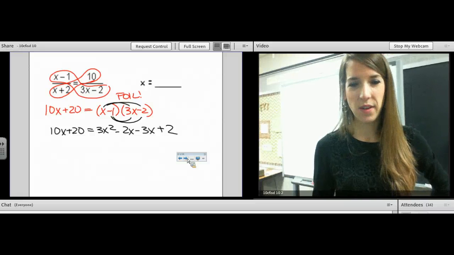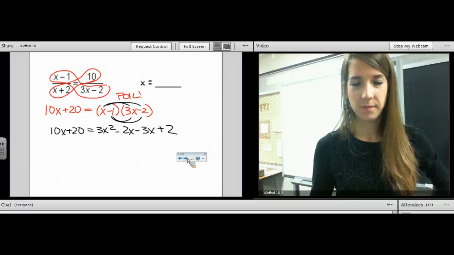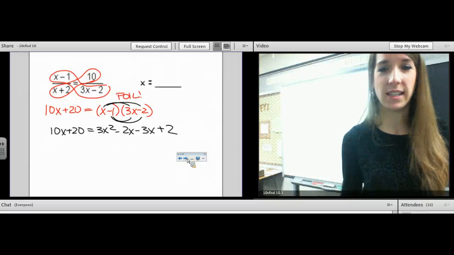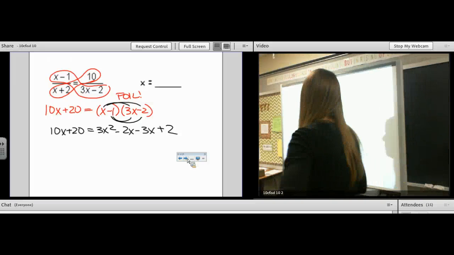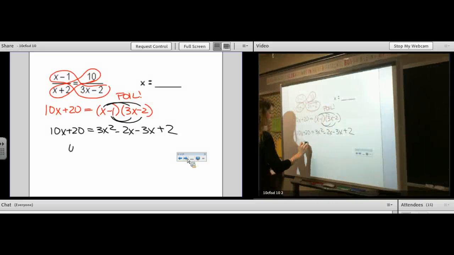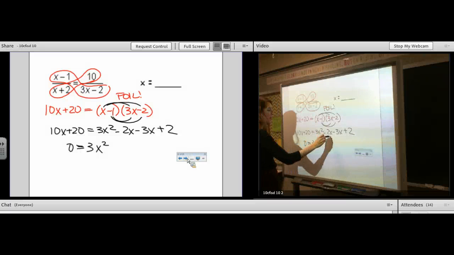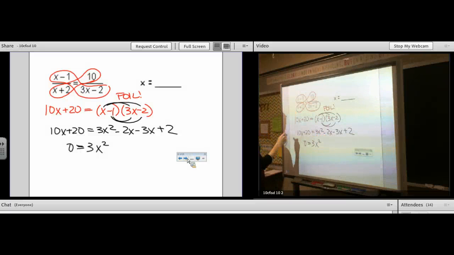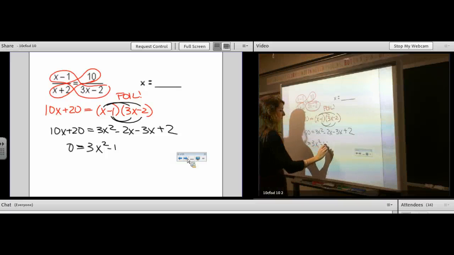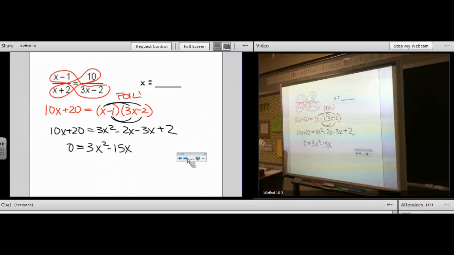This is algebra review. Ooh, this is an ugly one. This has a leading coefficient. Woo! Let's see, I've got minus 5x, and then I bring the 10x over. Got plus 2, so I need to do minus 20.